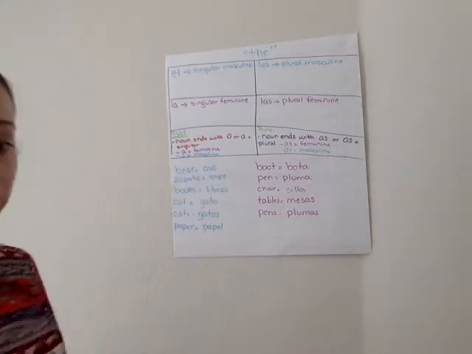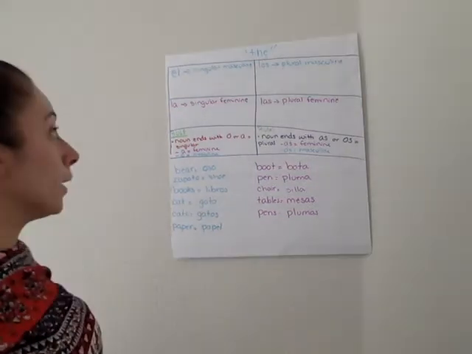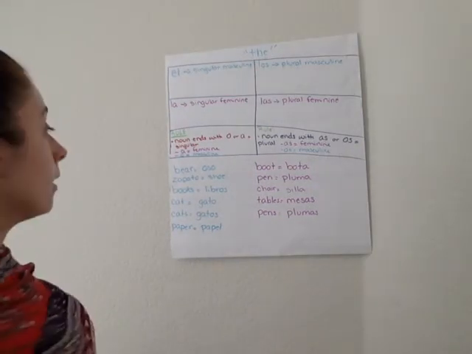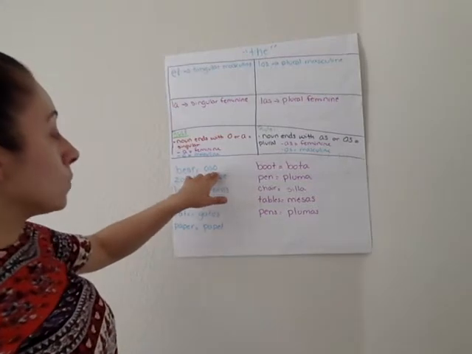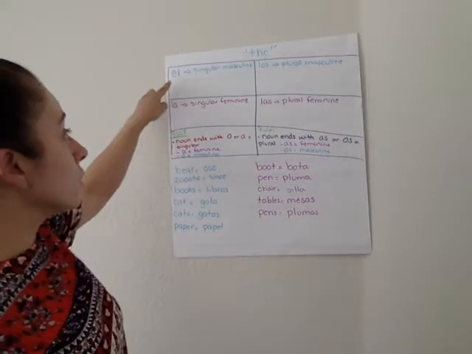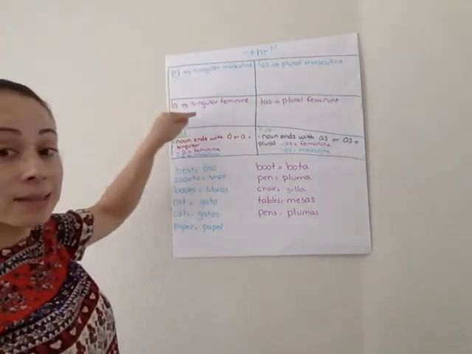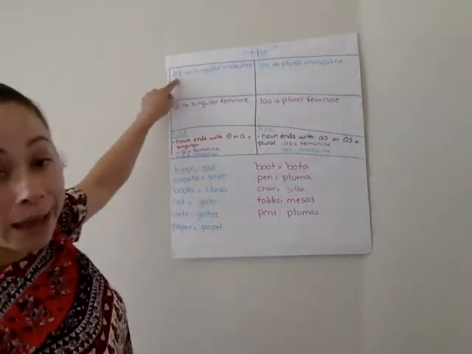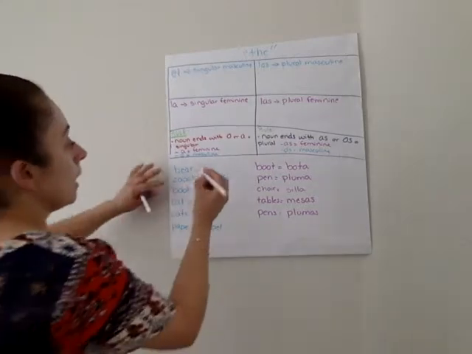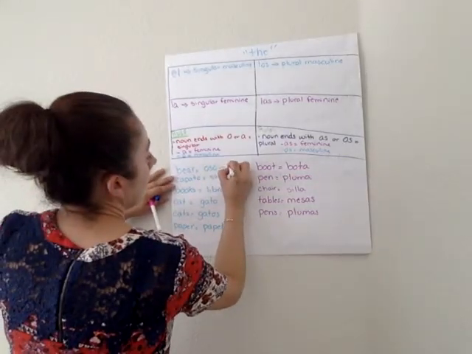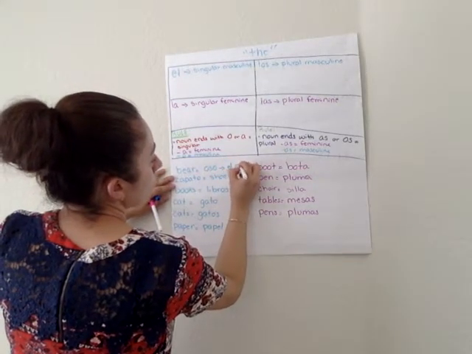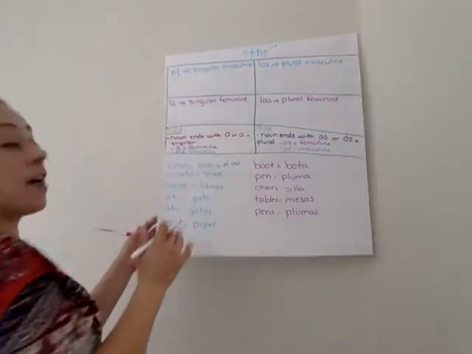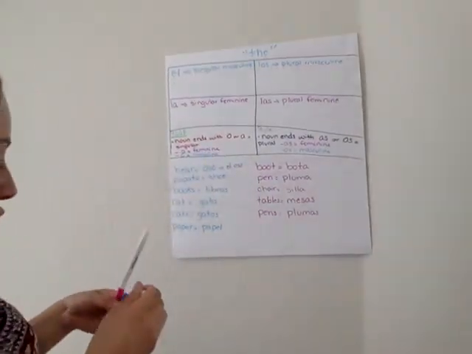Now, oso ends with an O, so I know it's masculine. Now, since it ends with an O, I can check that it's singular masculine. So it becomes el. So it's el oso, which means the bear, el oso.